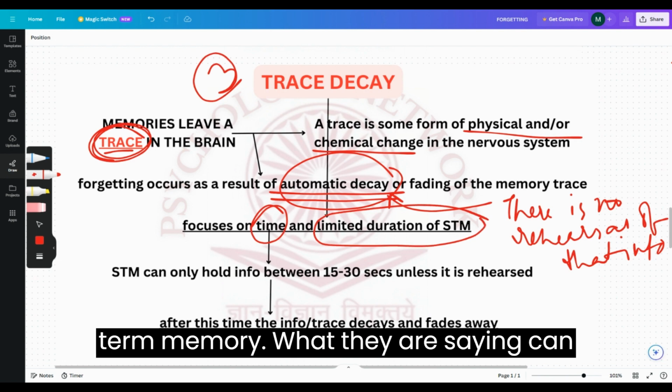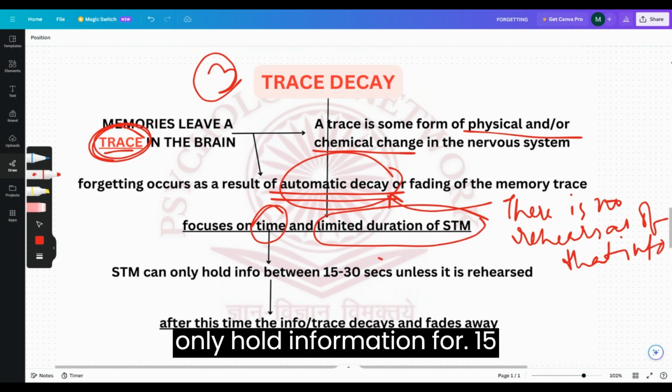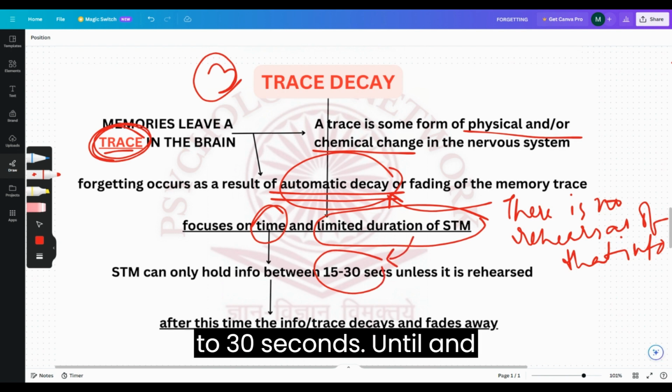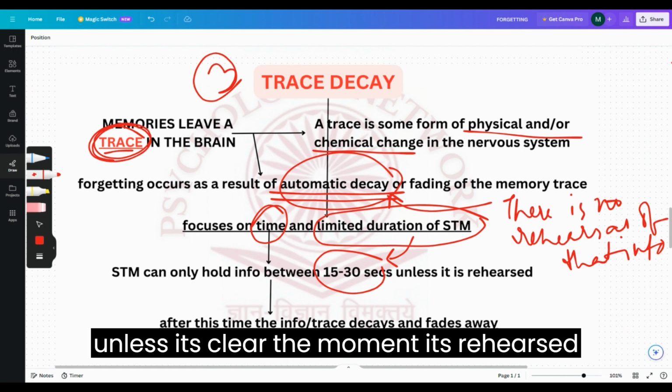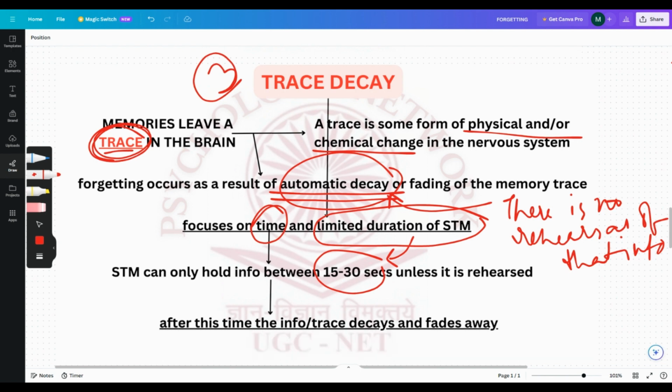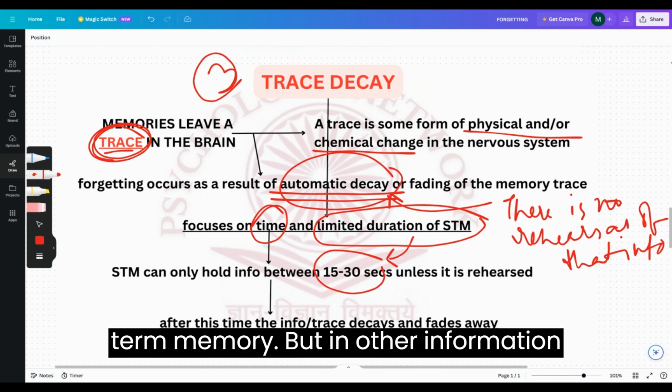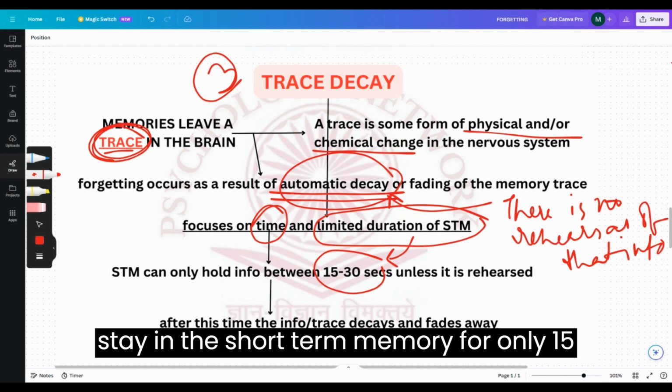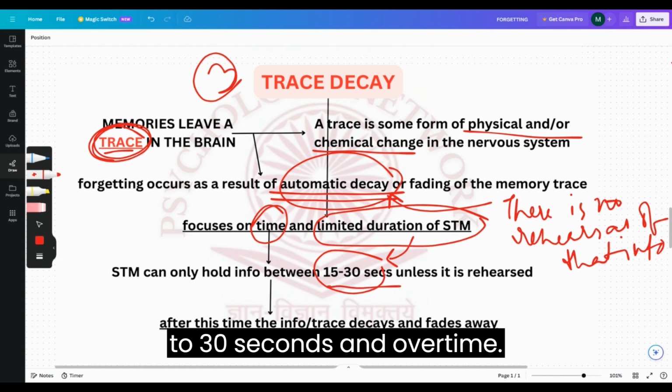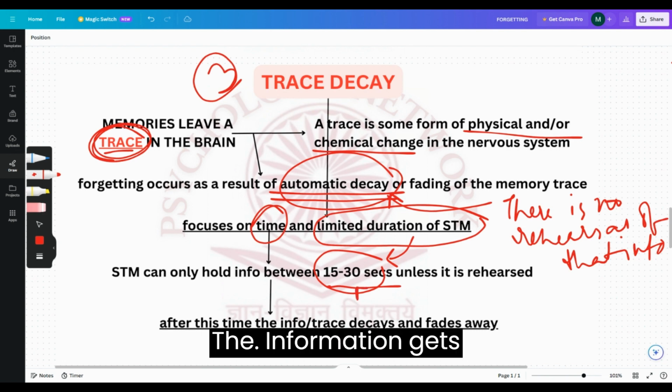Short-term memory can only hold information for 15 to 30 seconds, unless it's rehearsed. The moment it's rehearsed multiple times, it goes to the long term memory. But information which is not rehearsed can stay in the short term memory for only 15 to 30 seconds, and over time the information gets decayed.